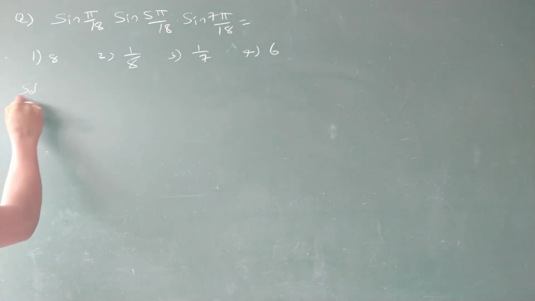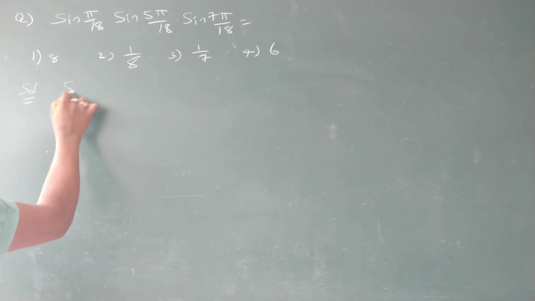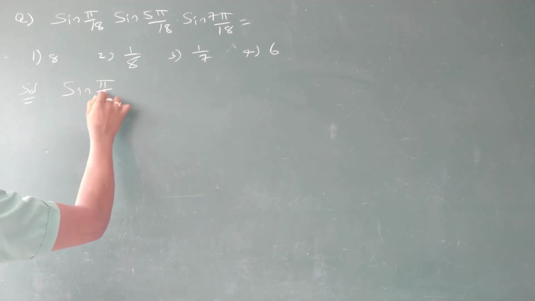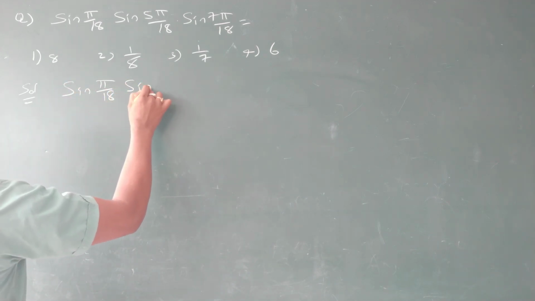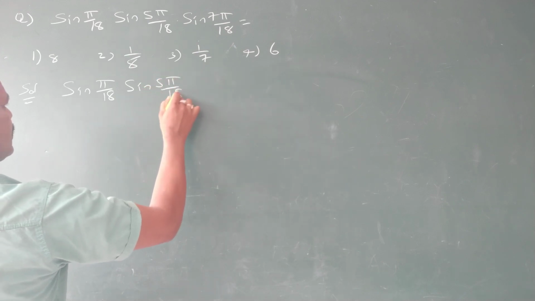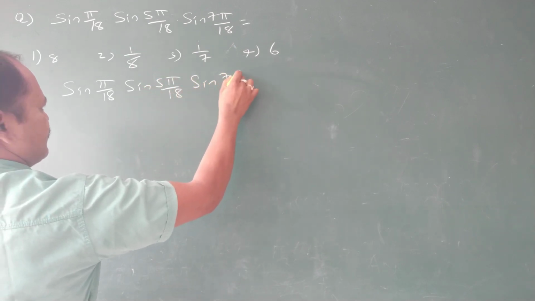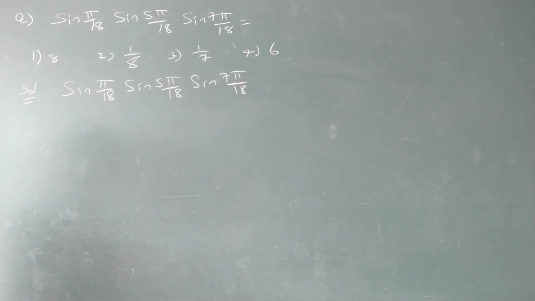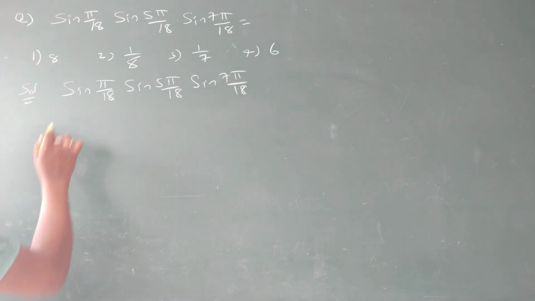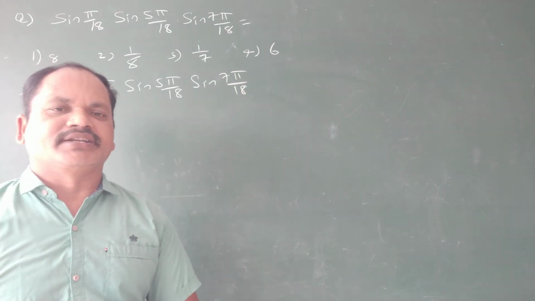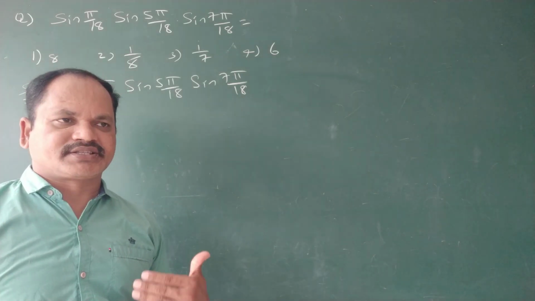Solution: take the expression sin π/18, sin 5π/18, sin 7π/18. Now, π is nothing but 180 degrees, and 180 by 18 is 10.